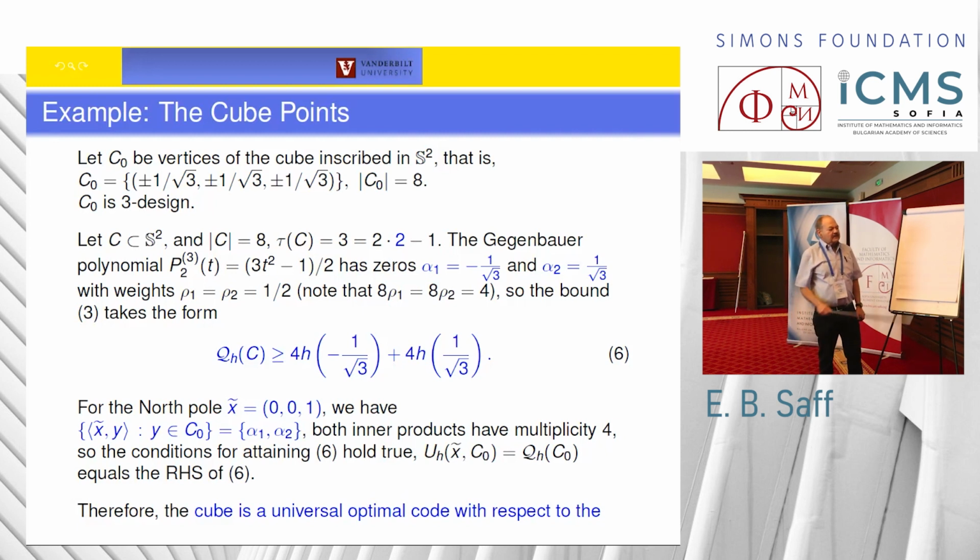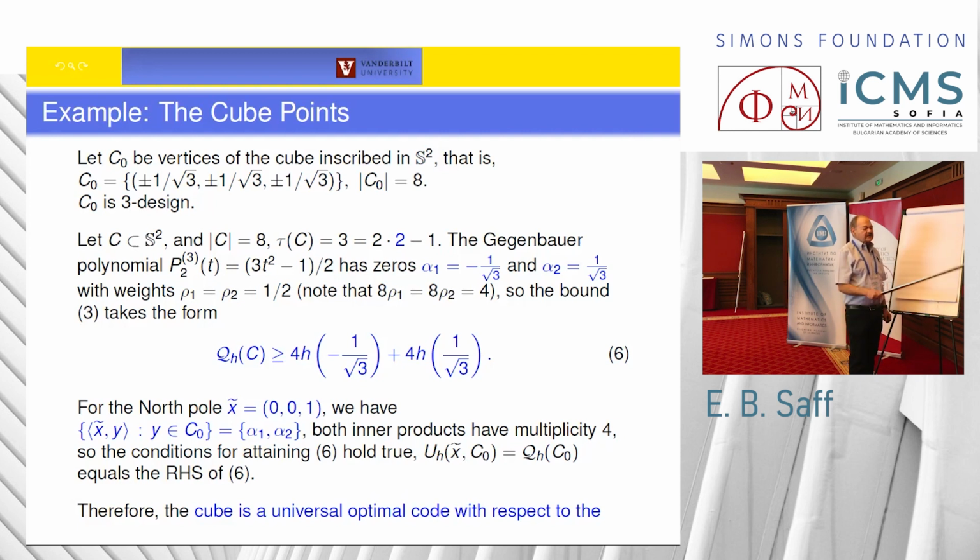And so the bound that we get from the main theorem states this, that for any such code C that satisfies conditions that the cardinality is 8, and it is a code of a spherical design of order 3, that it's bounded below by this quantity here.